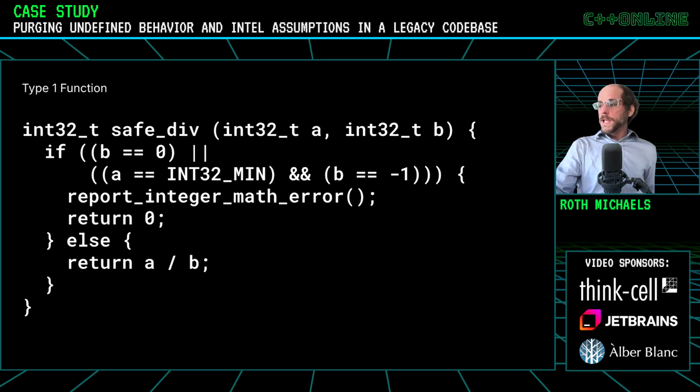So we have this if at the beginning that makes sure we're following the rules of signed integer division, and if we're not, we're going to just call this report integer math error and return 0 as a kind of garbage value. And then if we're not in that dangerous case where division would cause undefined behavior, we'll just do the division. So you see, this is safe because we'll report an error and return 0 if the division would be undefined. And if it's defined, we just do the division.